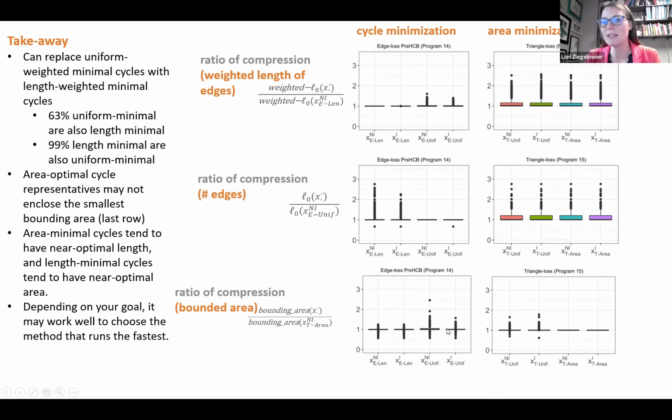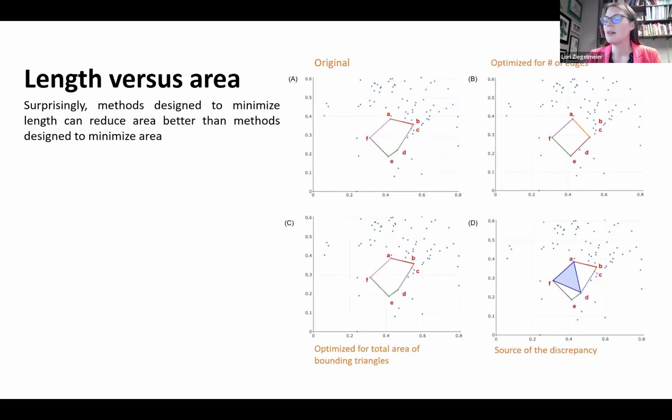This is a little weird, but remember that constraint that you have to include the death simplex in a volume or triangle loss problem.